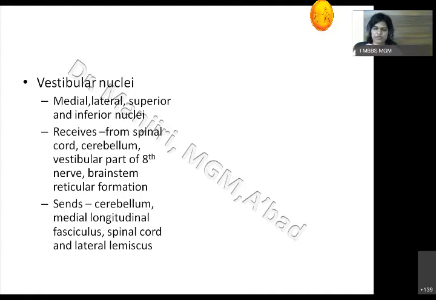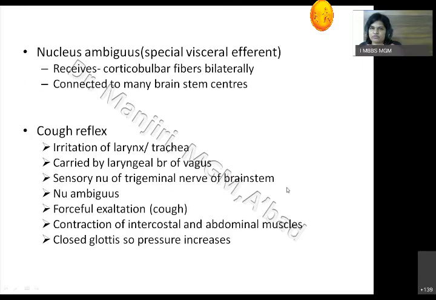I already told you this is related to the vestibular nuclei, and it ascends upward in the pons and midbrain. It also sends signals to the spinal cord and lateral lemniscus. This is vestibular nuclei. We will see the vestibular nuclei in detail in the pons.